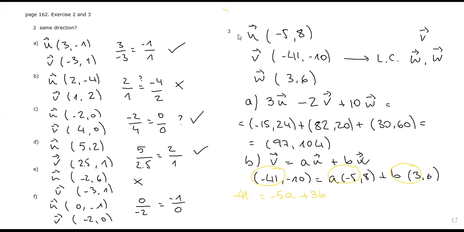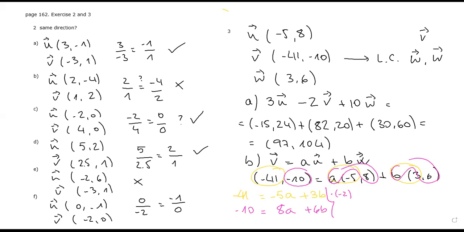For the other equation, you do the same with the y component, and you get -10 equals 8a plus 6b. It's easy to solve this if you multiply this by -2, because using the reduction method, you get it very easily.